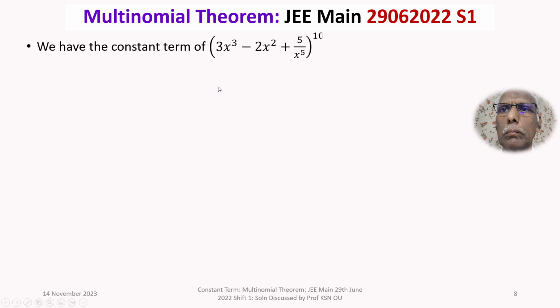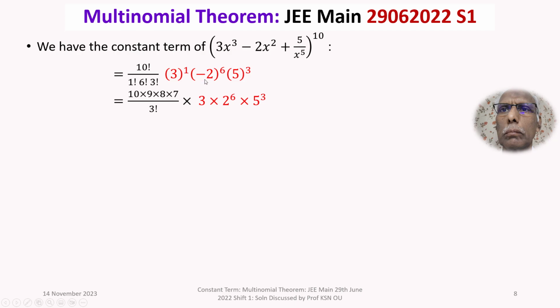So the constant term has come out as this one: 10 factorial by 1 factorial into 6 factorial into 3 factorial, 3 power 1 into (minus 2) power 6 into 5 cube. Agreed. In 10 factorial, we cancel 6 factorial. The remaining ones will be 10 into 9 into 8 into 7 by 3 factorial into 3 power 1 into 2 power 6, 5 cube.